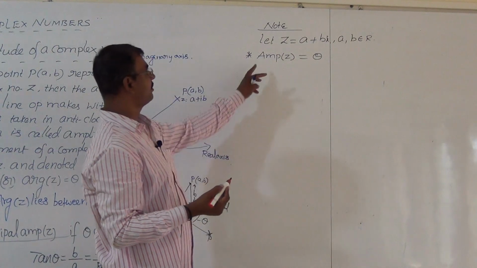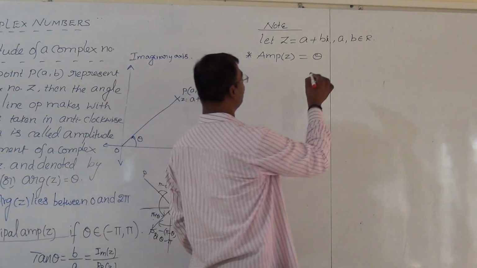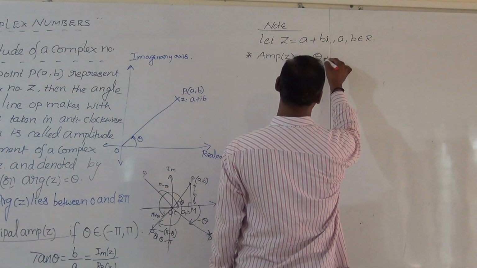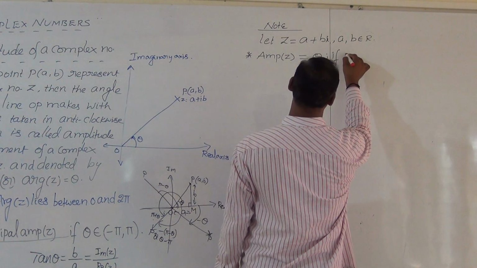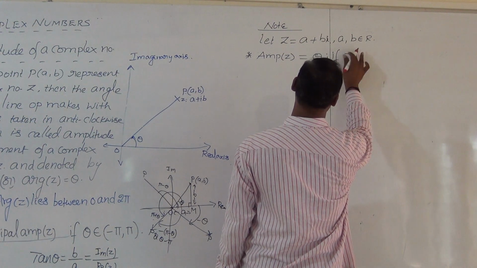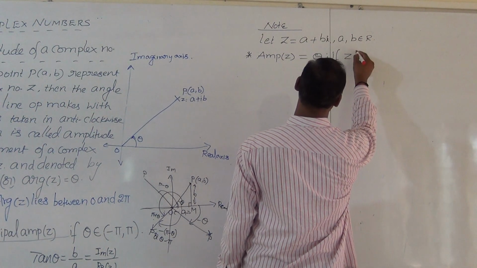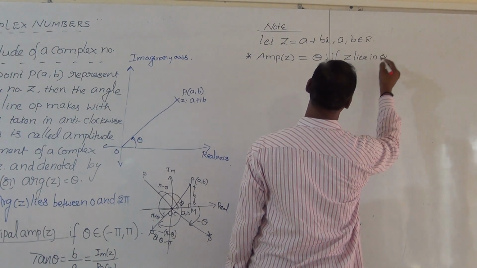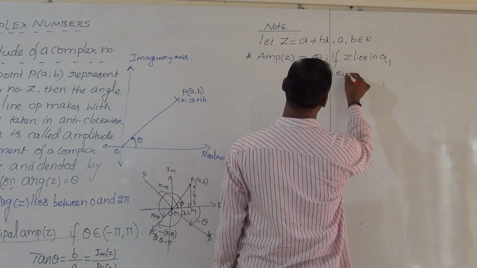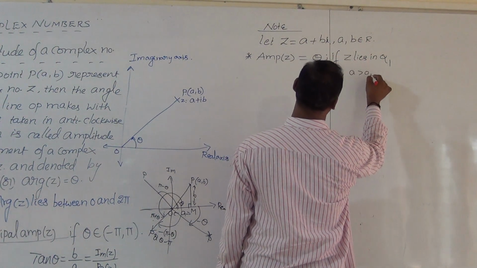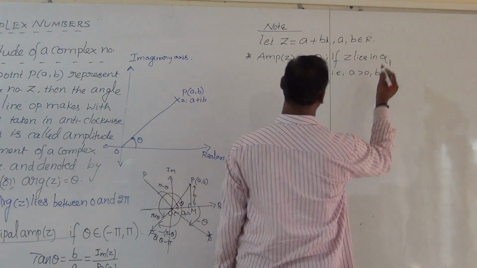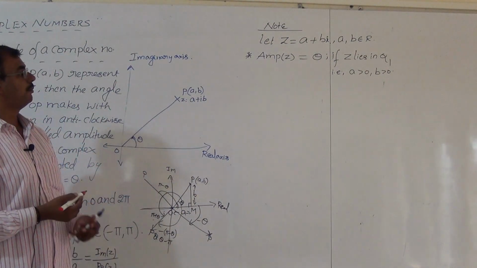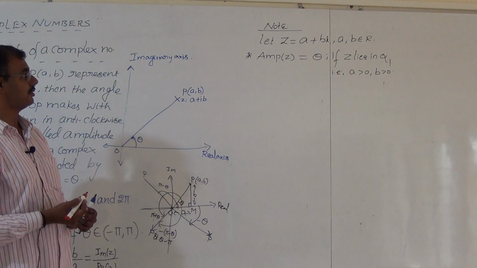This is when z, meaning P here, lies in the first quadrant, that is, a greater than 0, b greater than 0. Imaginary part greater than 0, real part also greater than 0.